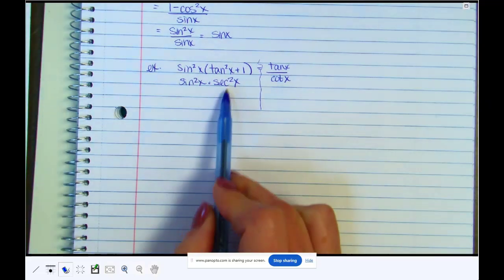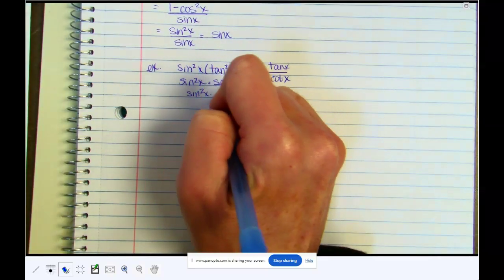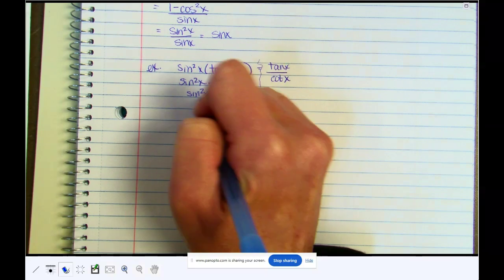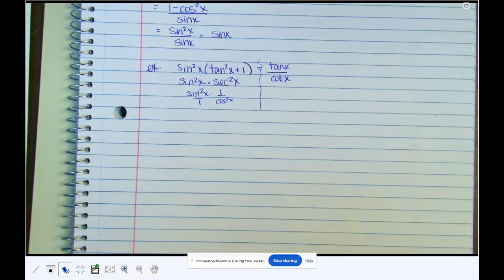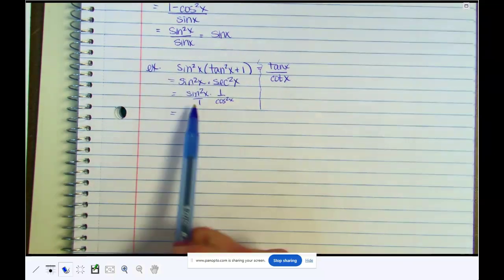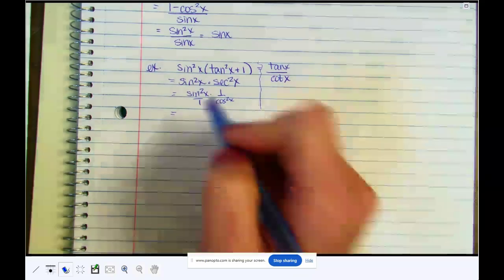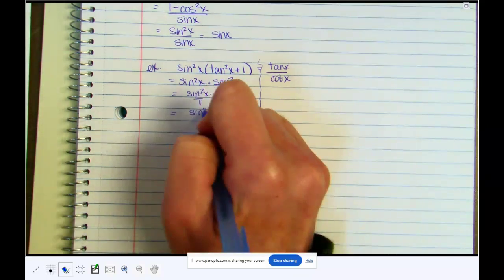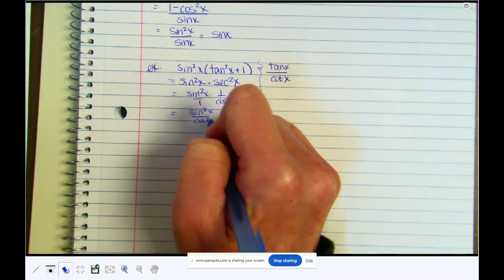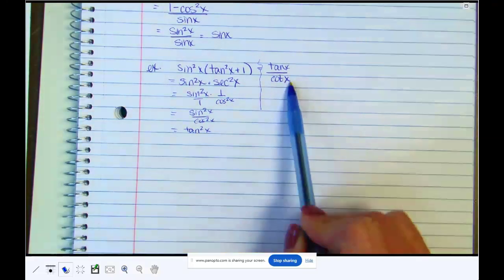I would turn my secant into cosines, because secant is 1 over cosine, so 1 over cosine squared. What is this? Right, it's sine squared over cosine squared, which is tangent squared. So the question is, can I get this guy to be tangent squared?